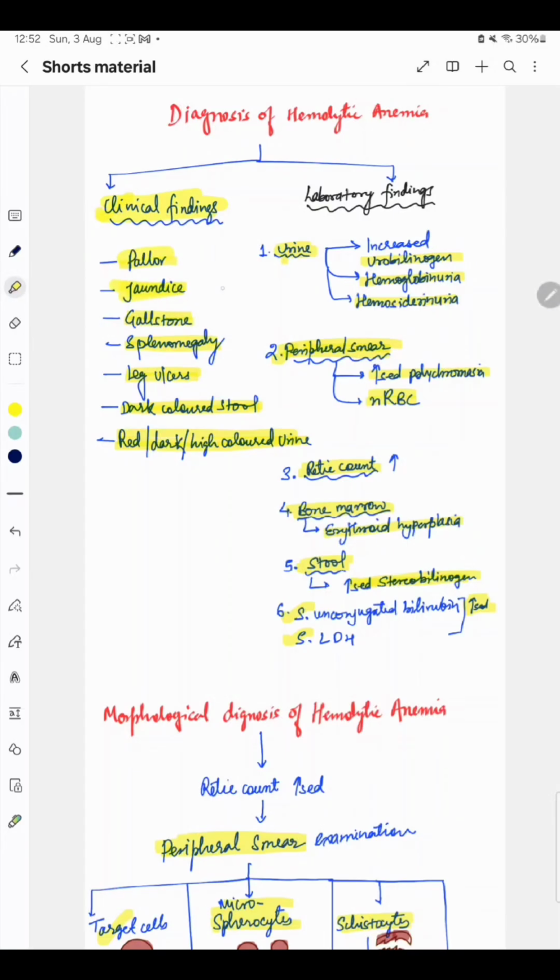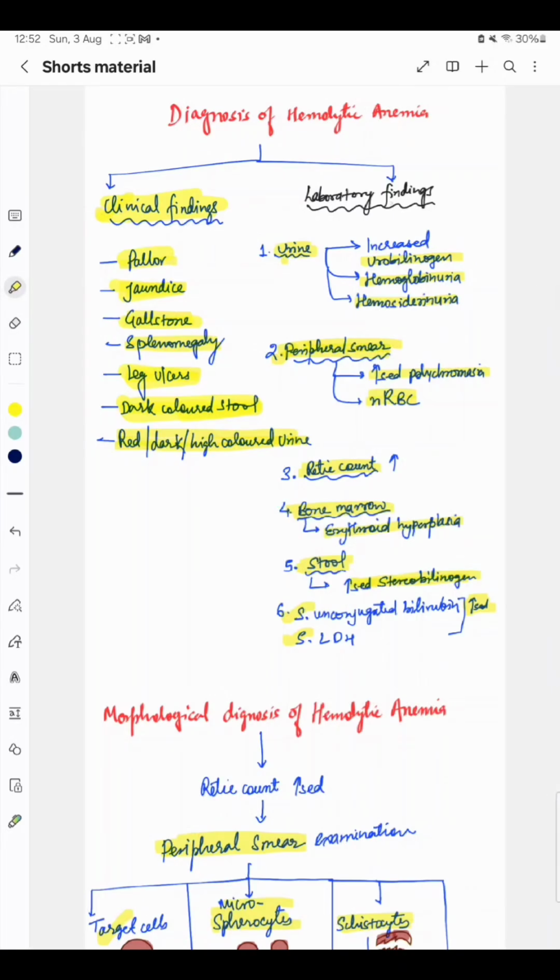Pallor, jaundice, history of gallstone or splenomegaly, leg ulcers, dark colored urine, dark colored stool, and red, dark or high colored urine. So these clinical findings may be indicative of hemolytic anemia.